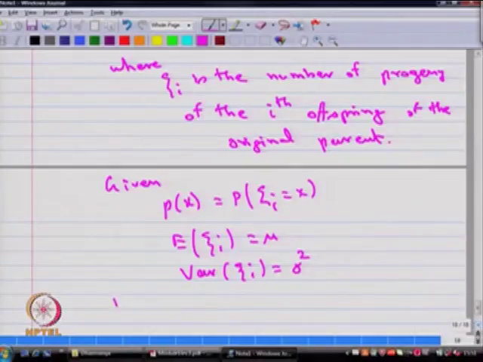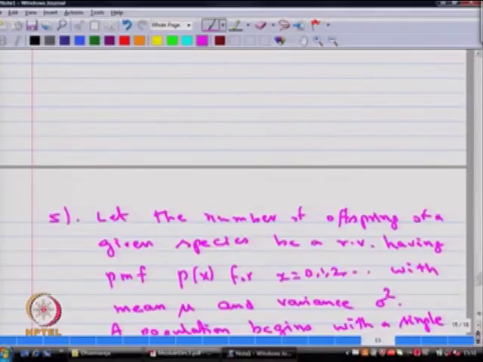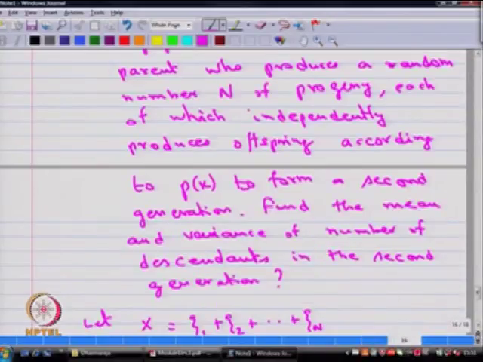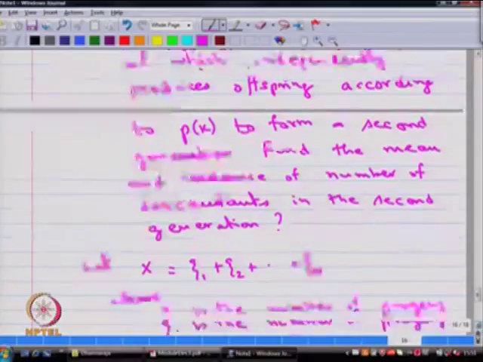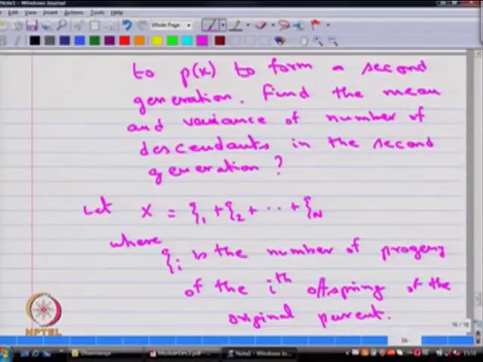Our interest is to find out the expectation of capital X, where capital X is psi 1 plus psi 2 plus and so on till psi suffix n. Here n is also a random variable, that is important.